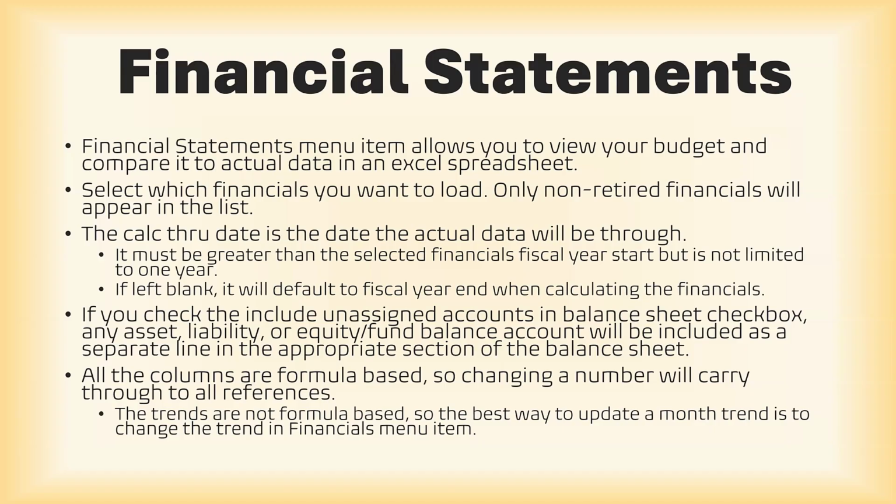Now in the Excel, if you click on the cell, you will see the trend in there, but it is not based on a different cell where you can just quickly change that cell to get all the trends to update. So we currently do not have a way you can just update all the trends, except for in the financial editing side of it.